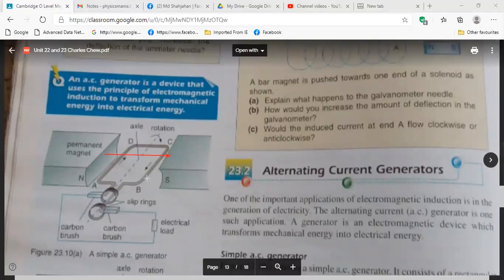So due to this clockwise rotation, if you think about BC, the BC part is moving downwards, right? And the AD part is moving upwards here.